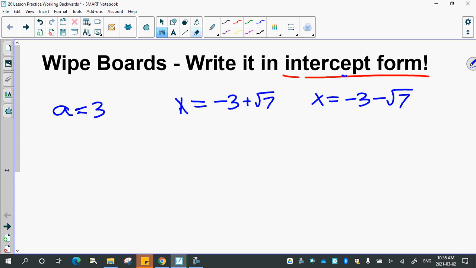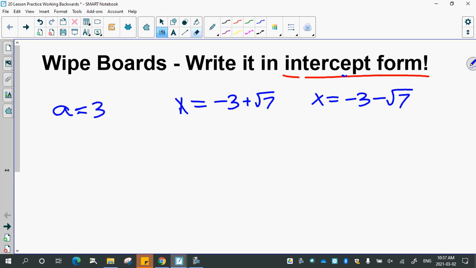No, you need plus 3 because you're subtracting a negative. Okay. Yes. Good. Okay, we got it.